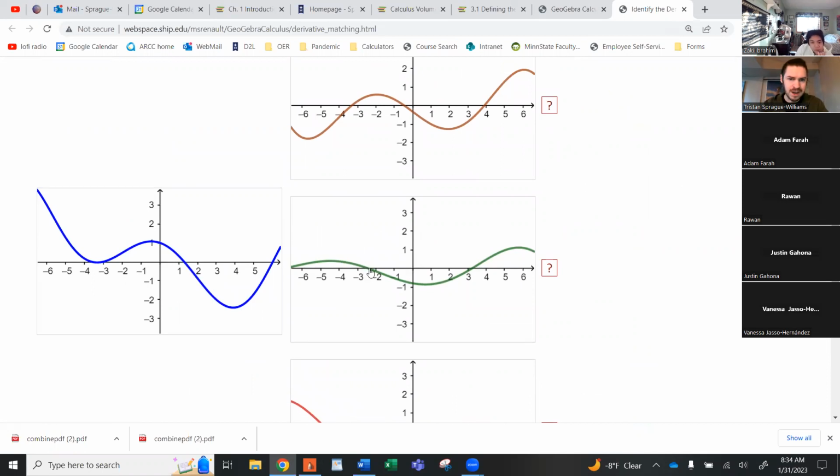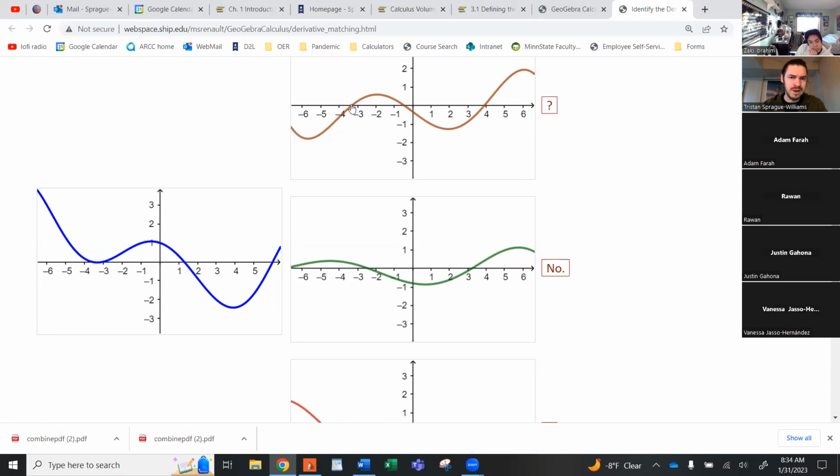So this has an x-intercept at somewhere around -3. Looks like it's not quite in the right place. It should have another x-intercept right here at the x value -0.5, but this one does not. So I can rule this one out. If I click on it, you can see it says no, I was wrong. This one up here looks pretty close.